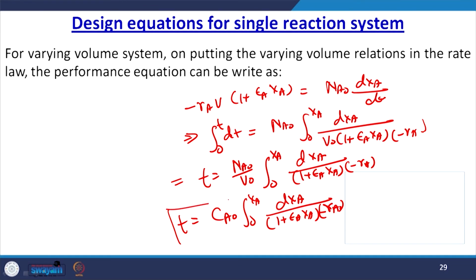So this is your performance equation for this particular situation.